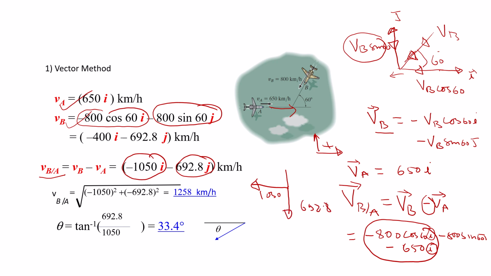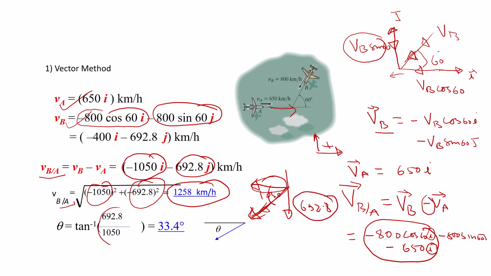Now in order to find the resultant, you can use the rectangle law. This whole square plus this whole square would give you the resultant. So this is the magnitude of the velocity of B with respect to A. In order to find the direction, we are trying to find what this makes with the horizontal. The ratio of the Y component divided by the X component is tan theta, so theta would be tan inverse of this, and the angle is 32.4.